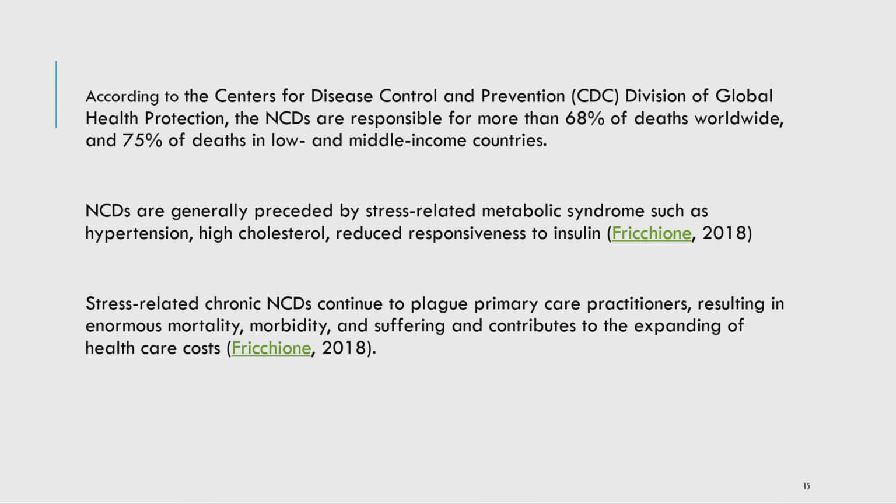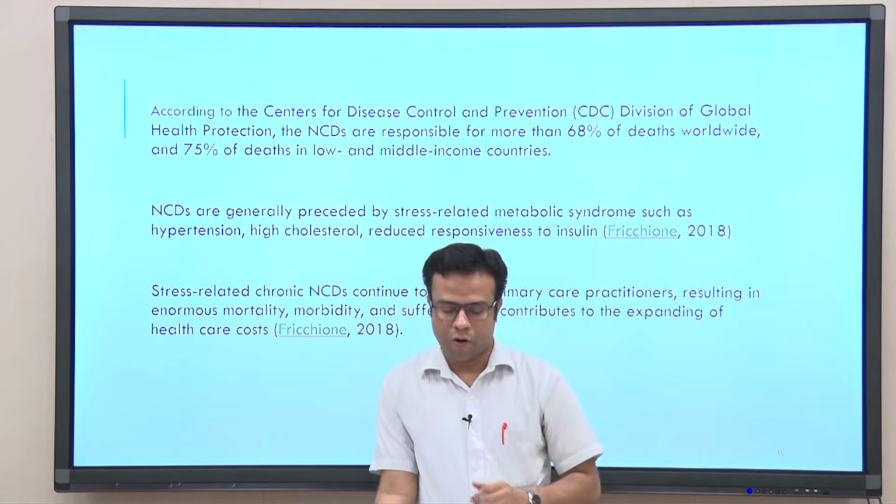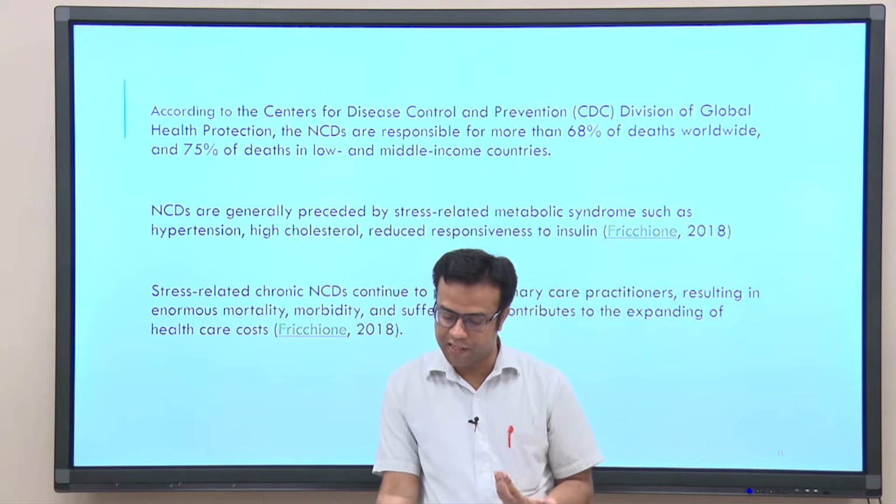NCDs are generally preceded by stress related metabolic problems such as hypertension, high cholesterol, and reduced responsiveness to insulin. So, all these metabolic changes happen because of stress, and they ultimately cause these non-communicable diseases, particularly psychosomatic diseases.